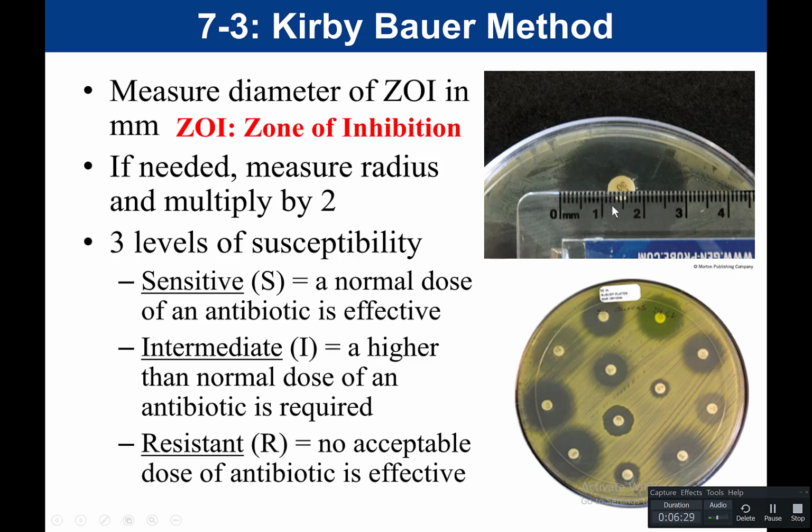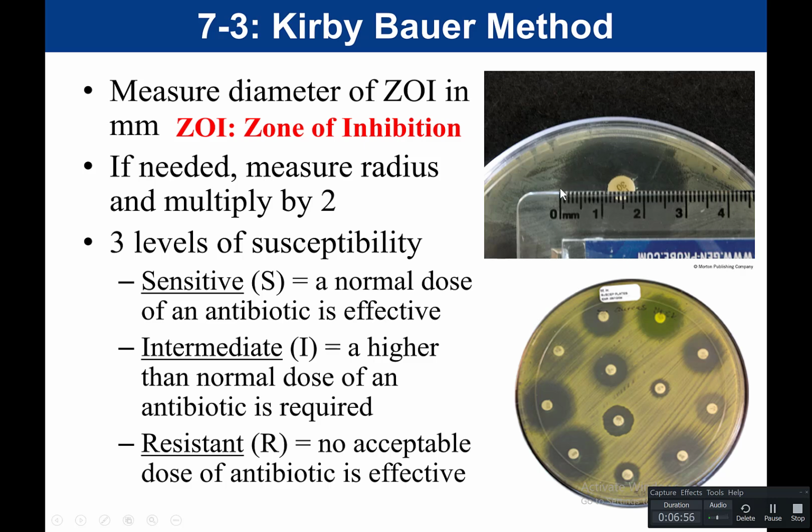This is a centimeter. This is 2 centimeters. This is 3 centimeters. Within each centimeter are 10 millimeters. So that means that these little lines, this is 1 millimeter, 2 millimeters, 3, 4, 5, etc. So if I'm measuring this zone of inhibition and I'm measuring the diameter, meaning the entire distance across, I would measure from here.